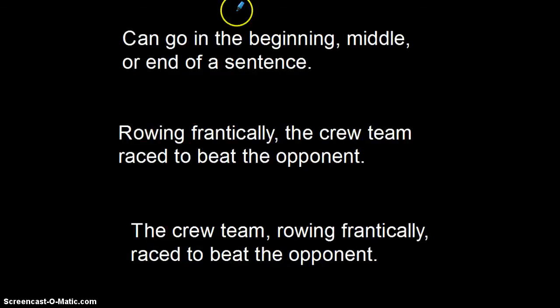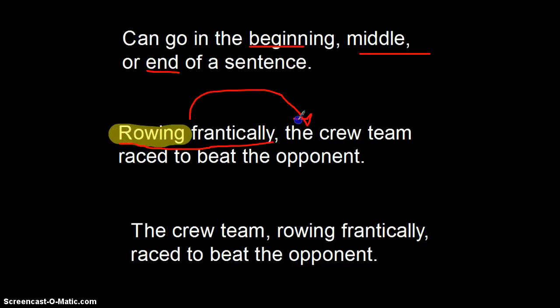Now, these can go in the beginning, middle, or end of a sentence, just like the other phrases that we've learned about. At the beginning of a sentence, you have your participle, rowing, and then you've made it into a participial phrase, "rowing frantically." The crew team raced to beat the opponent.